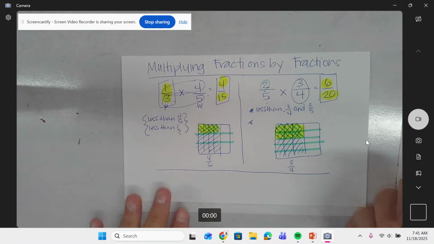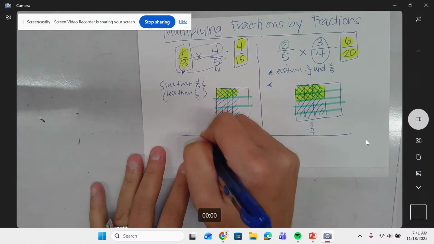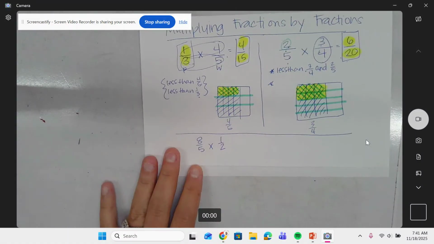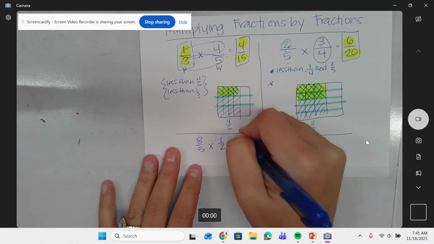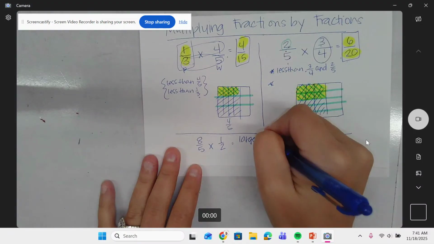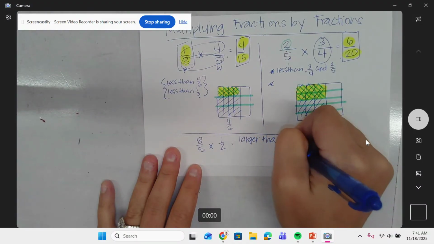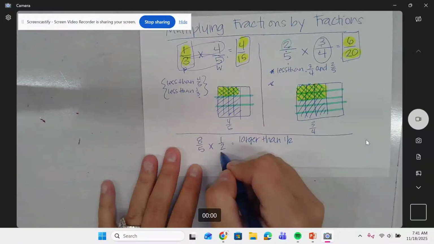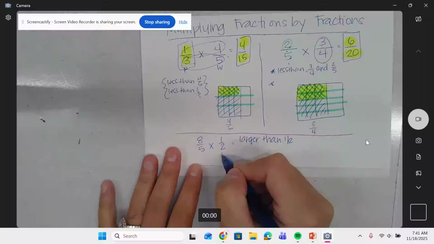This is a little bit different though once you start having something like 8/5 times 1/2. This answer would have to be larger than half because 8/5 is greater than 1 whole. So anytime I multiply something larger than 1 by something, it's going to give me something larger than what I started with, which was 1/2.